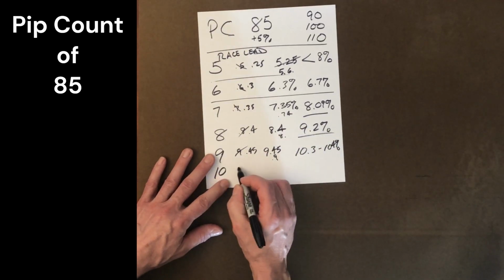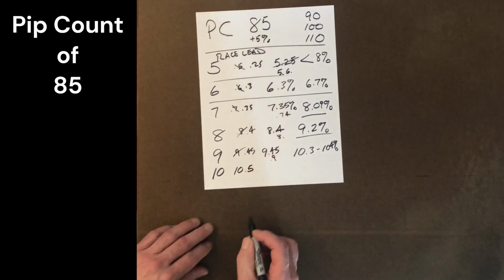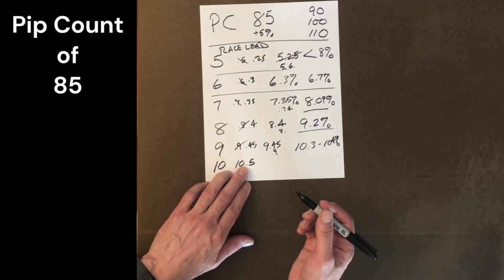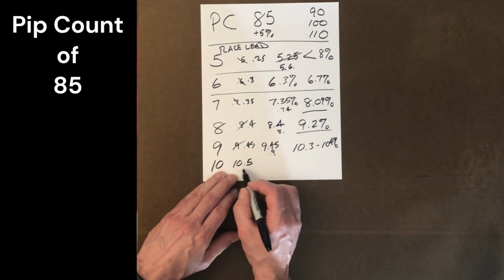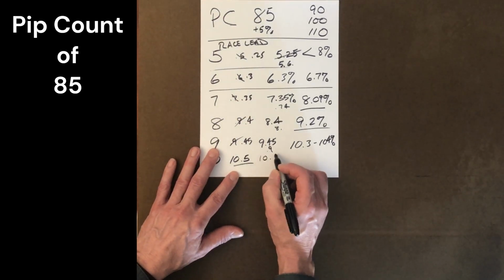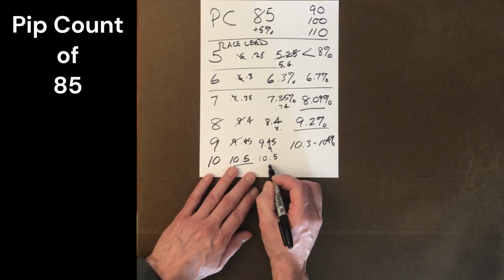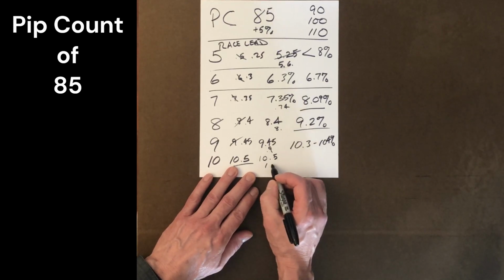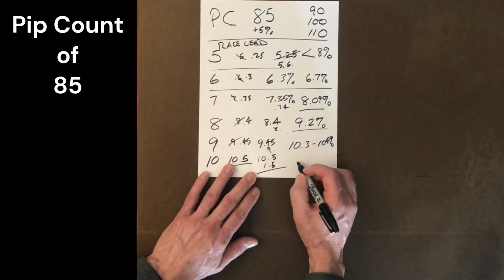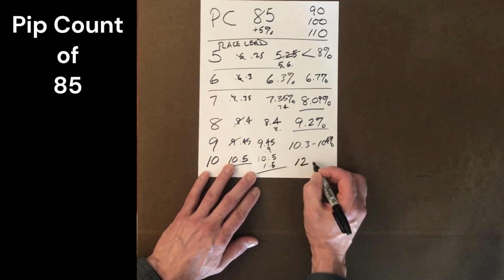We're going to add 5%. 10% will be 1, half of that would be 0.5. That brings us to 10.5. Let's add 10% to that. 10.5, and the 10% would be 1.05. That brings us to 11.5. That brings us to 12%.